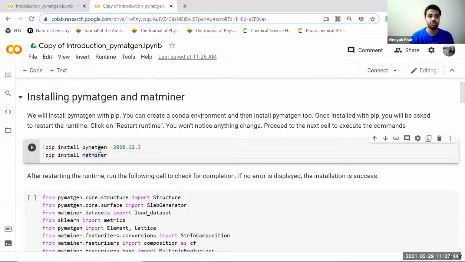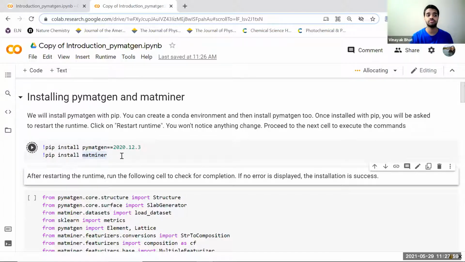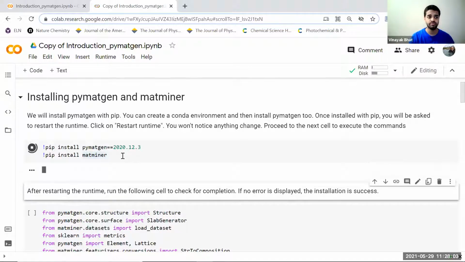We'll be using PyMedGen, which is for periodic systems that we are going to see. And MatMiner is a library for generating features. And let's see how we could use those in machine learning. It'll take some time for it to load.